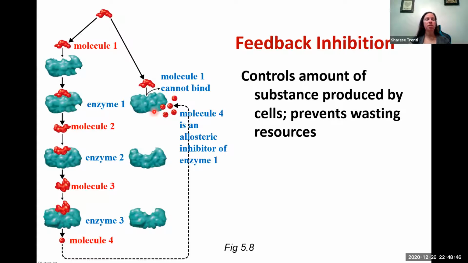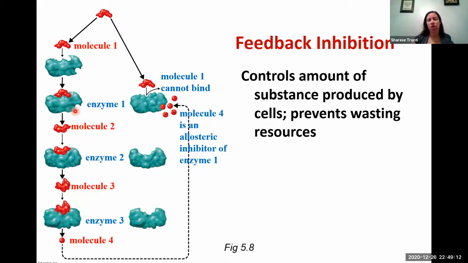That's going to signal to this first enzyme, don't continue on in the production of this product. We don't need any more, we have enough made. We see this not only in bacteria, but in all organisms, us as well. So this is very beneficial to help limit the production of these end products.